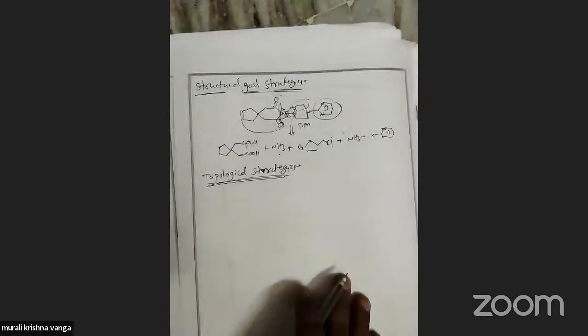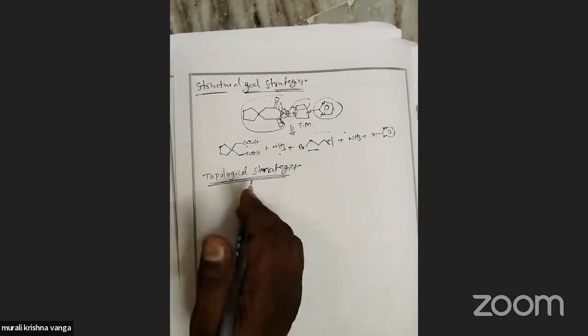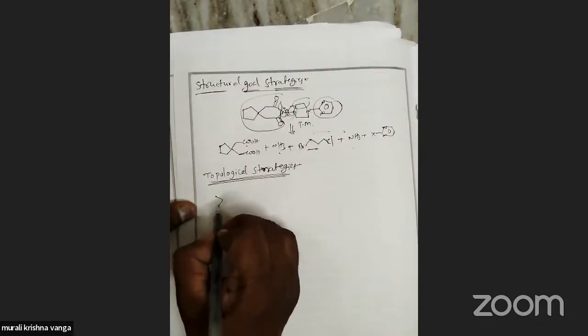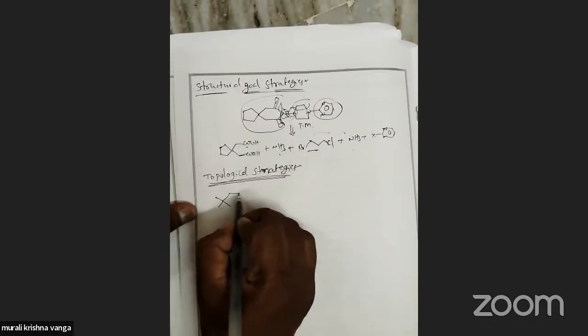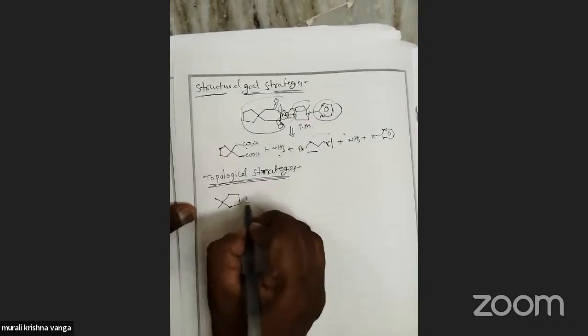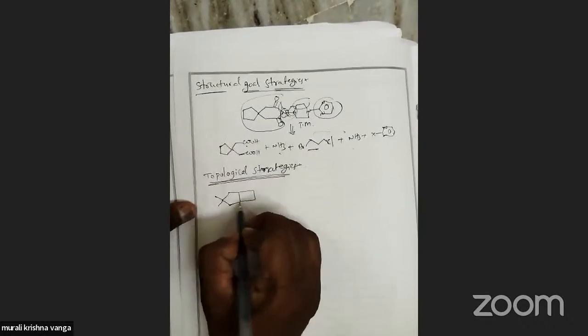Topological strategies means complex molecules are taken as strategic molecules and undergo disconnection. So here I am taking the complex molecule.